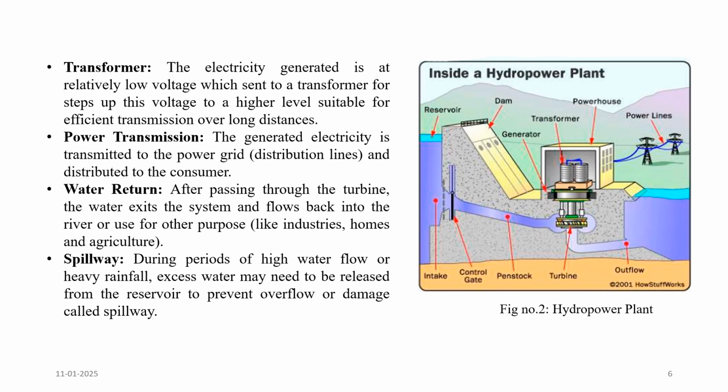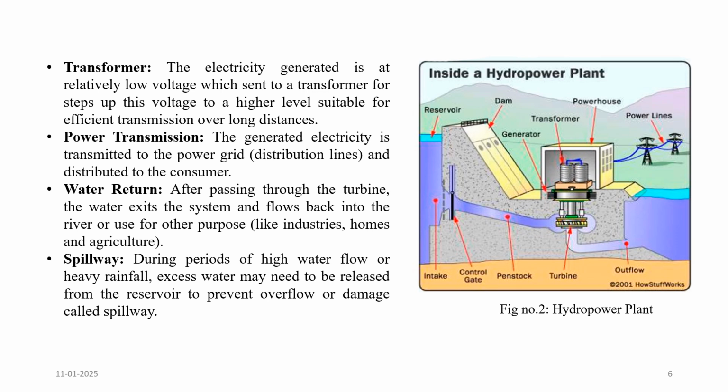The generated electricity is transmitted to the power grid, meaning distribution lines, and distributed to the consumers. Next point is water return. After passing through the turbine, the water exits the system and flows back into the river or is used for other purposes like industries, homes and agriculture.